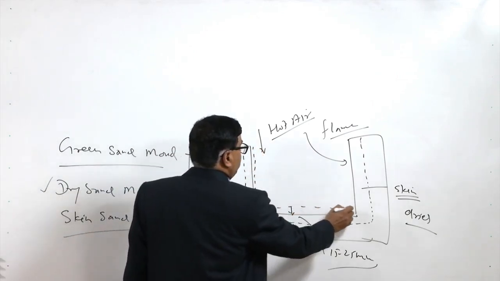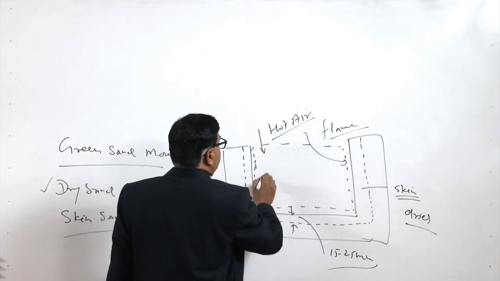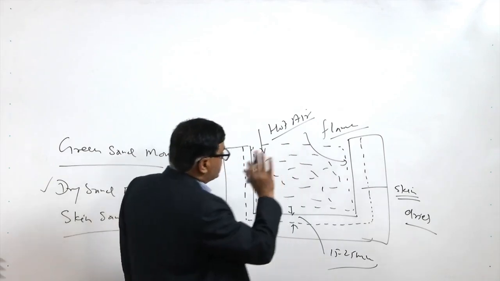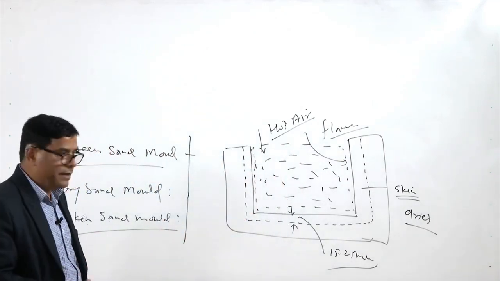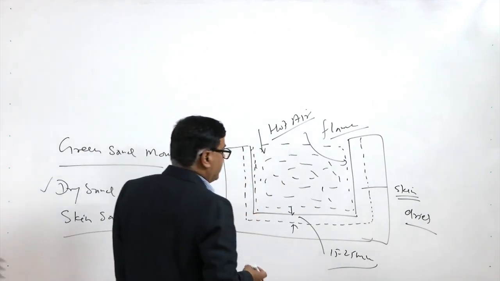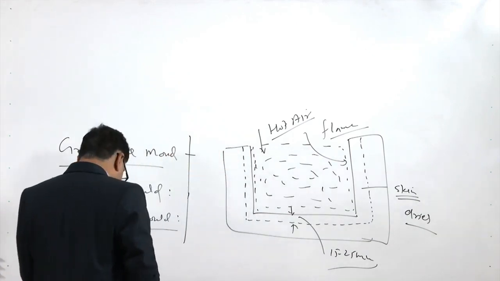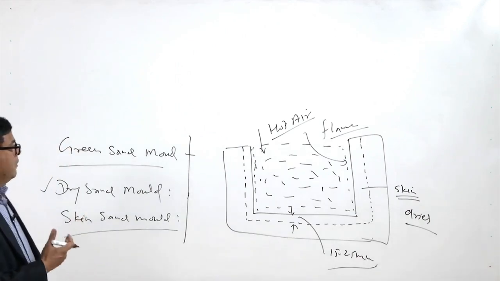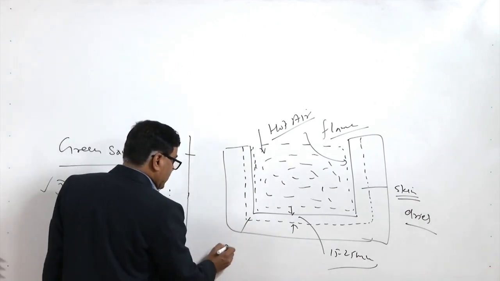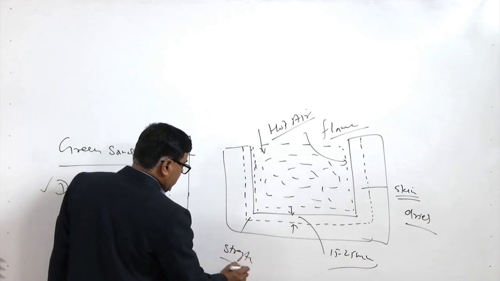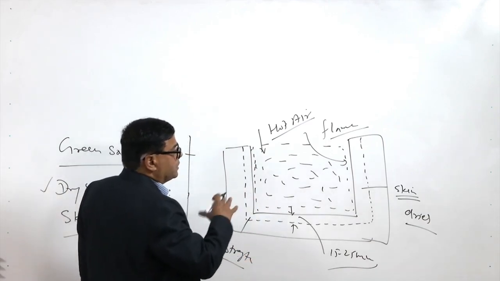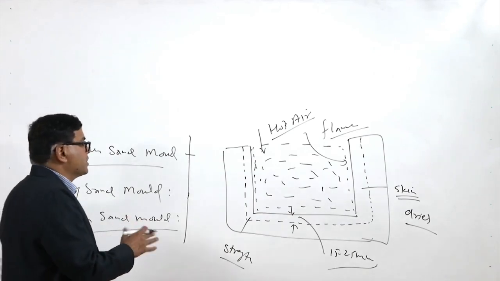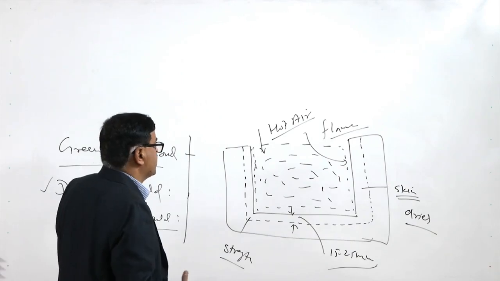This is the region which, when the molten metal is filled in, comes in contact with the molten metal, and it is actually dried, and it offers the desired strength. So, by drying the skin, we try to gain the desired strength, and we drive off the moisture, so that the molten metal and mold interaction, the reaction, gas evolution, all those possibilities are reduced.